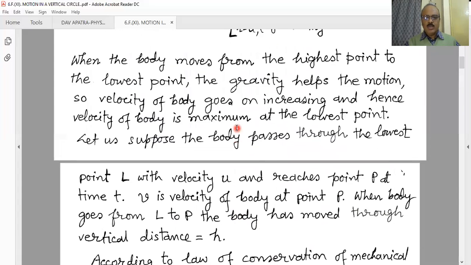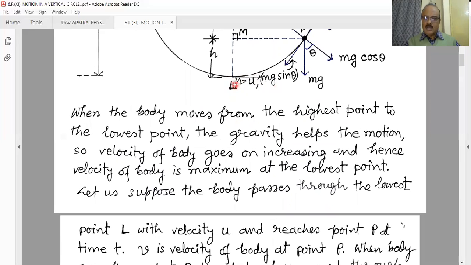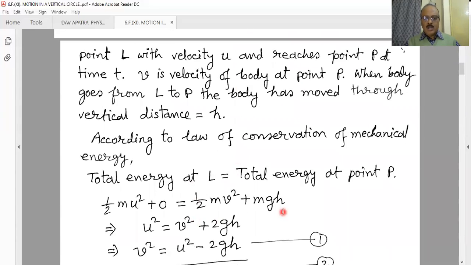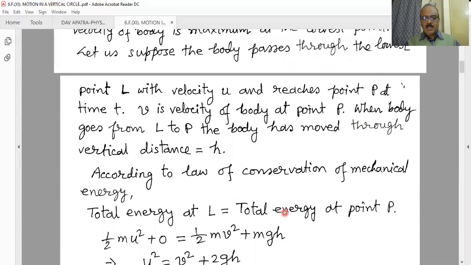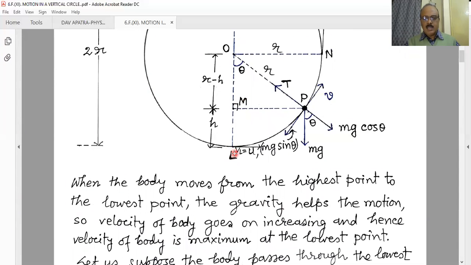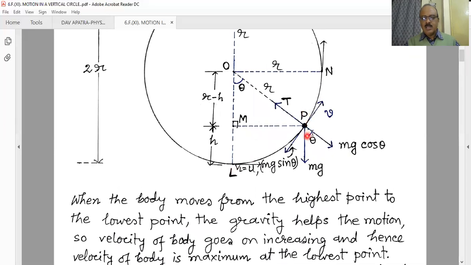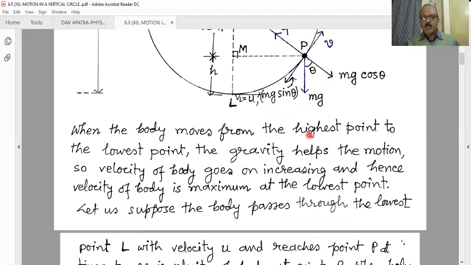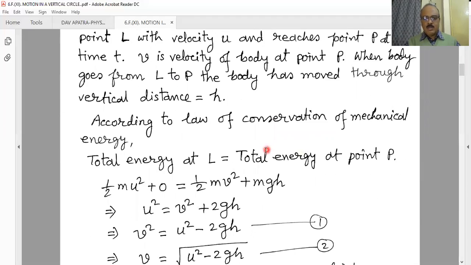We are taking the lowest point as zero potential energy, and therefore at this point it has only kinetic energy, that is half m u squared. And at point P, which is at height h from the L point, the object will possess some potential energy, that is mgh. At the same time, it has velocity v, and therefore it also possesses some kinetic energy. According to the law of conservation of mechanical energy, the total energy at L equals the total energy at point P. At the point L, the total energy is half m u squared plus 0, because 0 is the potential energy.